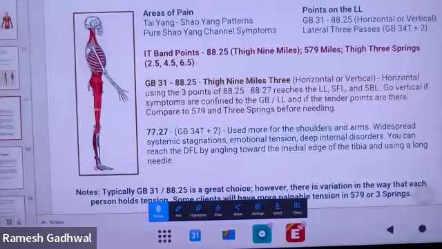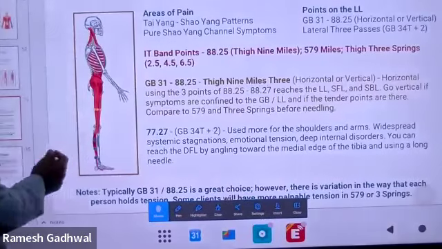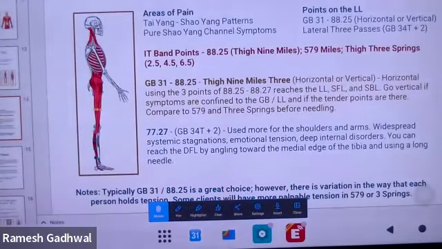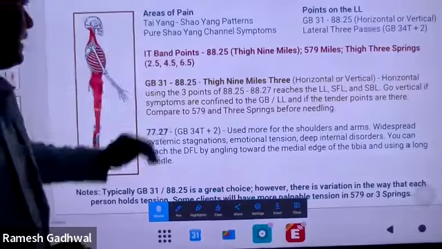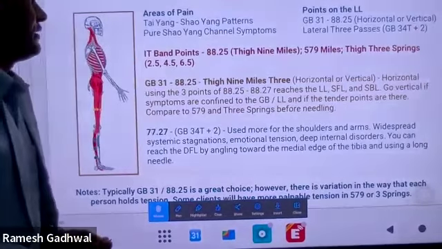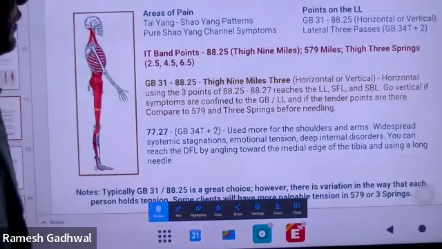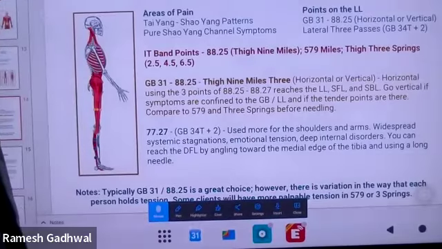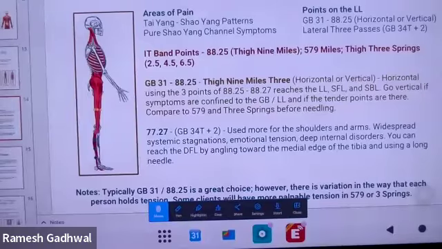Then lateral 3 fires, GB 34 plus 2. So there are 3 points. Those are good for treating thigh pain and the IT band. IT band points 88.5, those are called thigh 9 miles, 579 miles, thigh 3 springs, 2.5, 4.5, and 6.5.